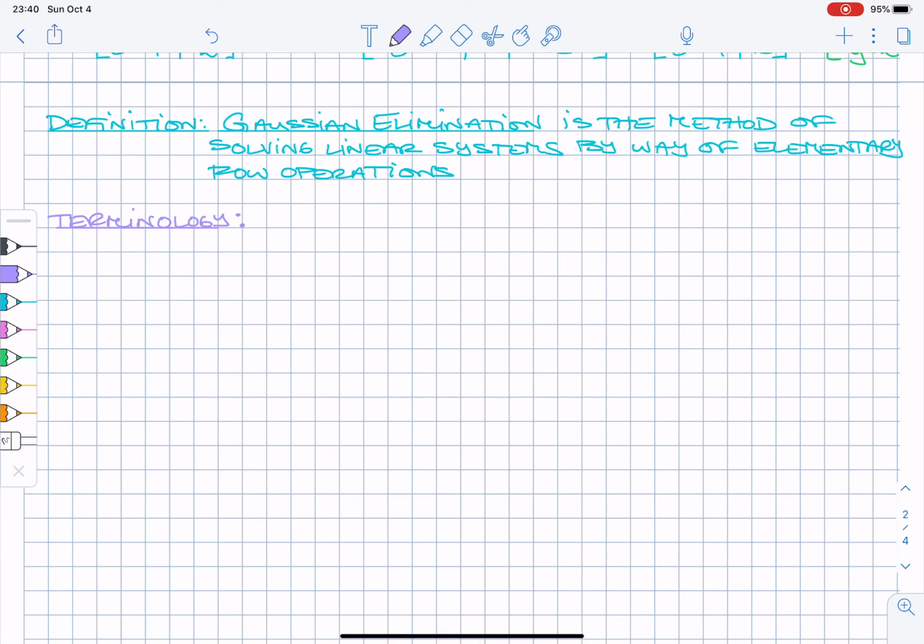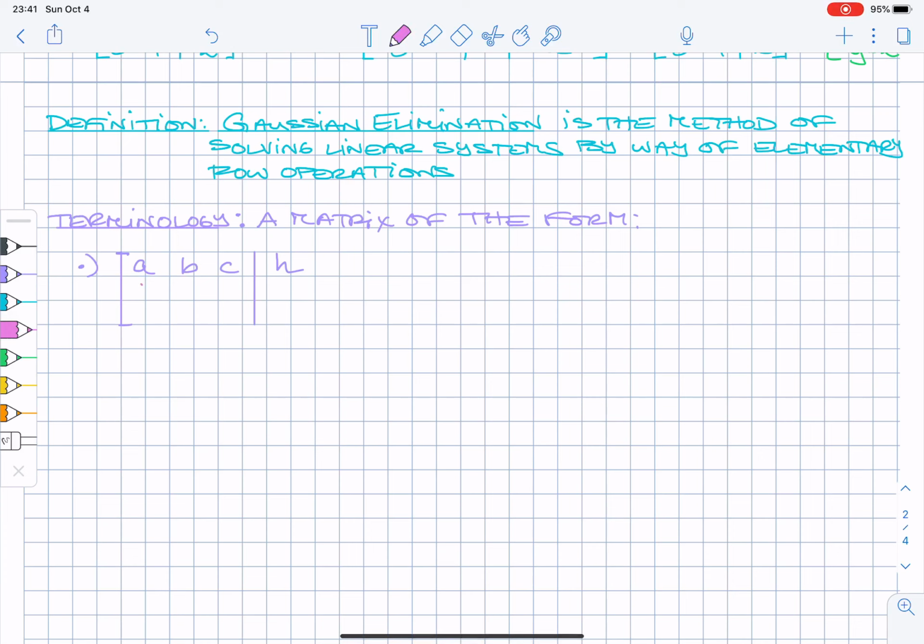A matrix of the form, let's say it looks something like A, B, C, augment. I'll do it for 3x3s, but it's analogous for 2x2s.